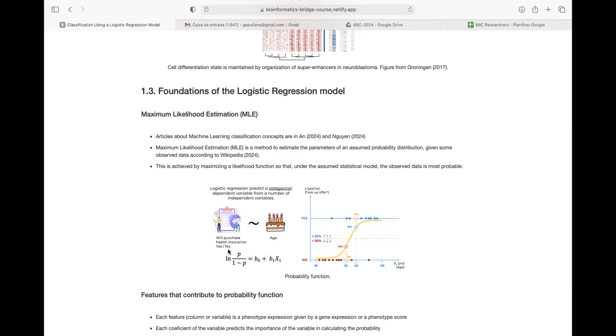And this is basically an equation that we use to calculate a probability. This probability is in the logarithmic scale. That's the reason why it's called a logistic regression, okay? Because it uses a log of the probability of the variable that we want to identify.